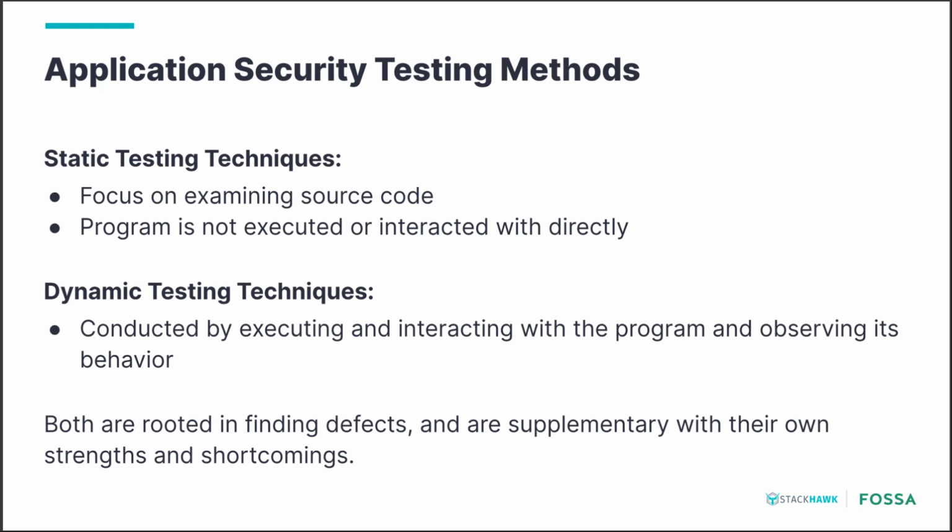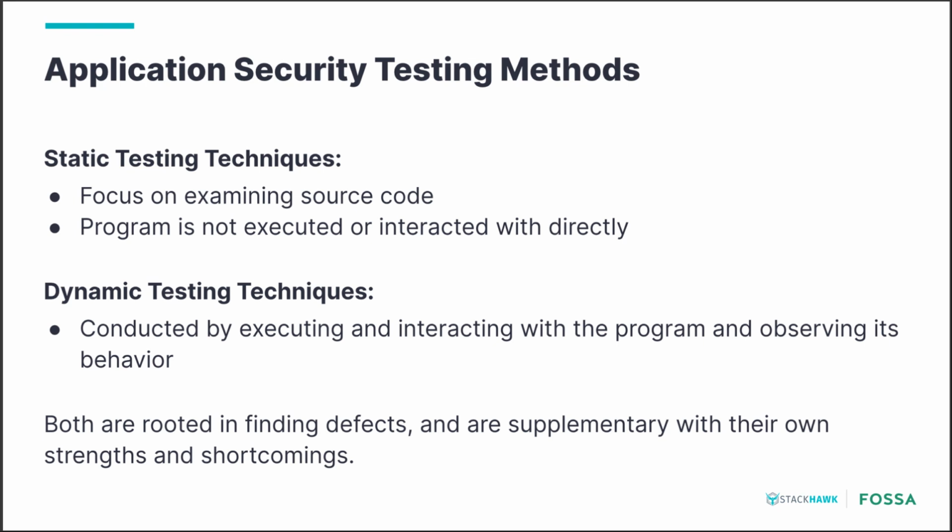So let's talk about some of the application security testing methods that are out there. These are generalized testing methods that are out there today. They're static testing techniques, and those are focused on examining source code and looking at dependency libraries and lots of other written code type stuff.